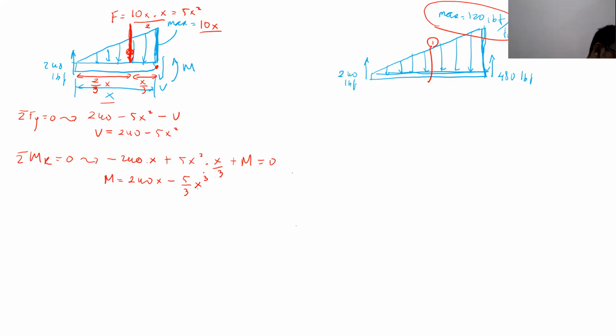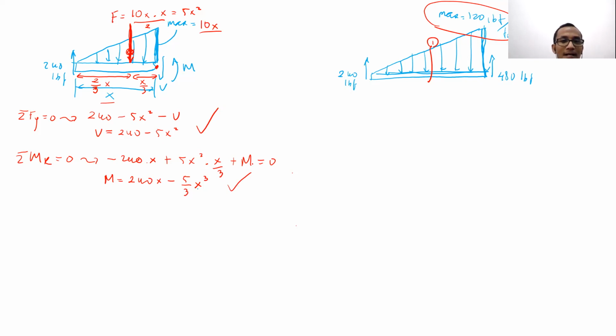And again, you can see that if the distributed force is linear, the shear force will be quadratic, and the moment will be to the power of 3, increased by another order from the shear force. Do you get it? Yes.